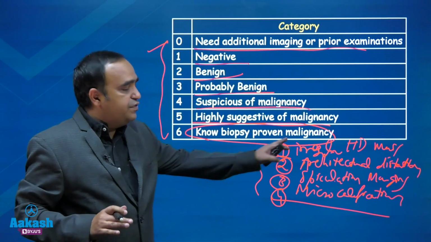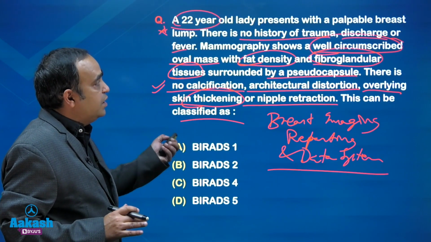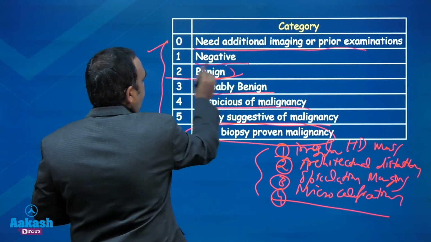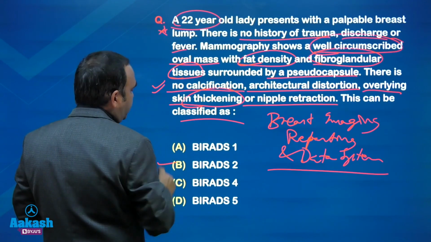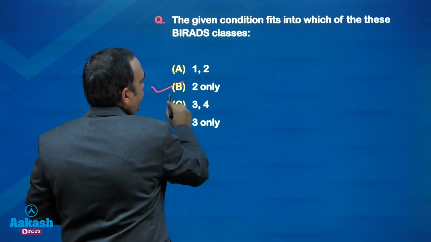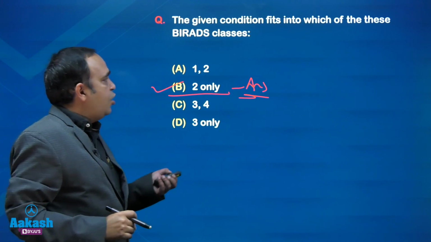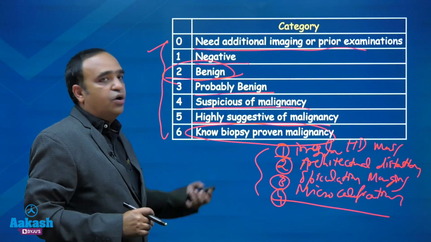So none of the malignant findings is seen. So it's a purely benign looking lump on mammogram. So purely benign is BI-RADS 2. So BI-RADS 2, that means B2 only. So that's the answer. Okay, so this is how we calculate the BI-RADS class of the patient.